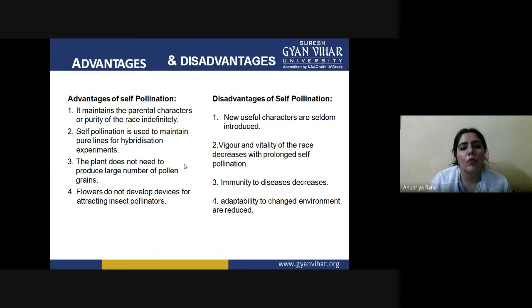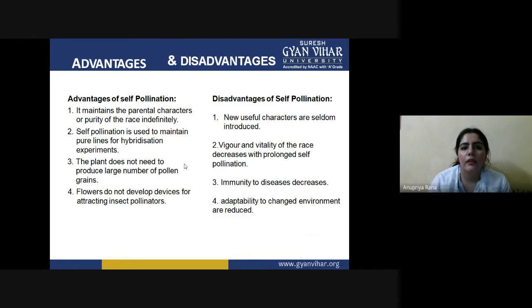So now we have to see what the advantages and disadvantages of the self-pollination process are. Let's go with the first, the advantages of self-pollination. First, they maintain the parental characteristics or purity of the race indefinitely.